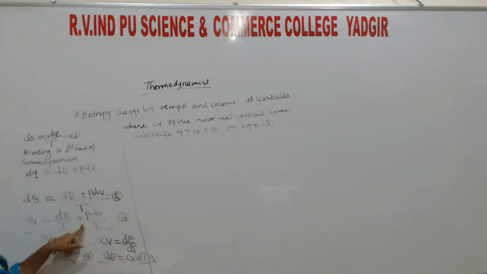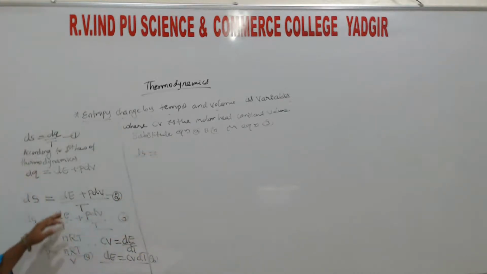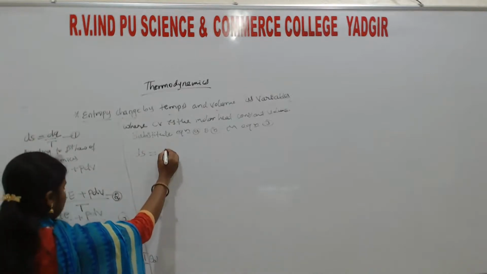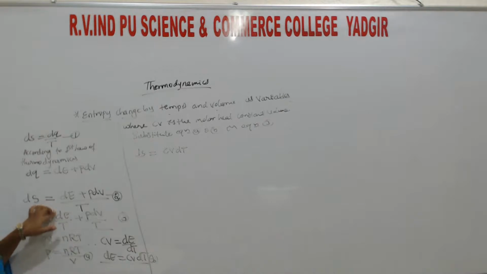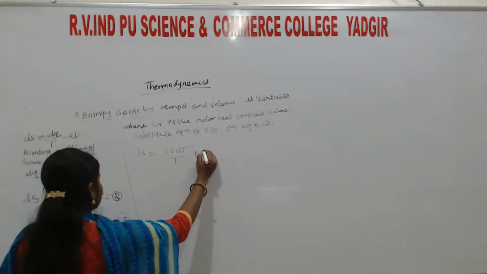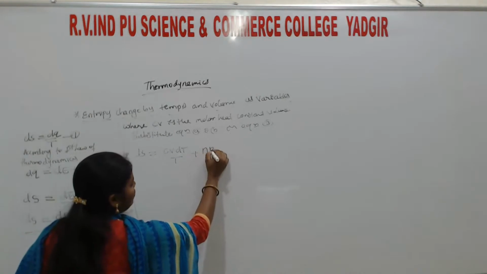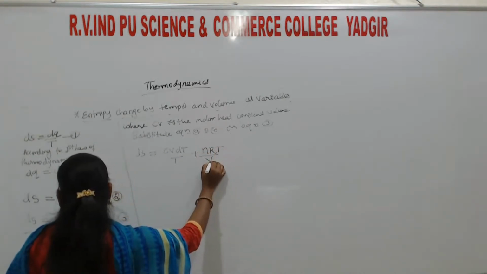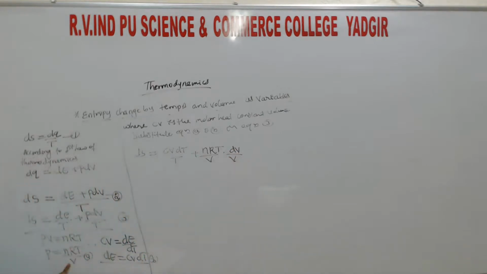Here we get dS is equal to dE divided by T, where dE means CV into dT, so CV dT divided by T, plus in place of P replace nRT by V, nRT by V into dV by T.